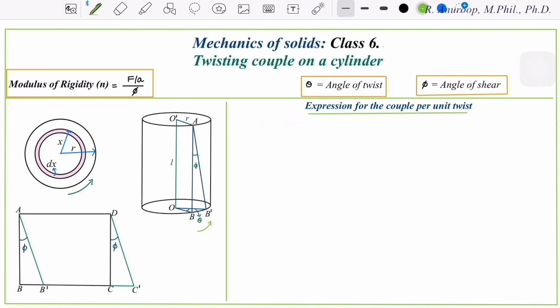The lower end of the rod is twisted through an angle theta by applying a couple to its lower end in a plane perpendicular to the axis. It is twisted like this.